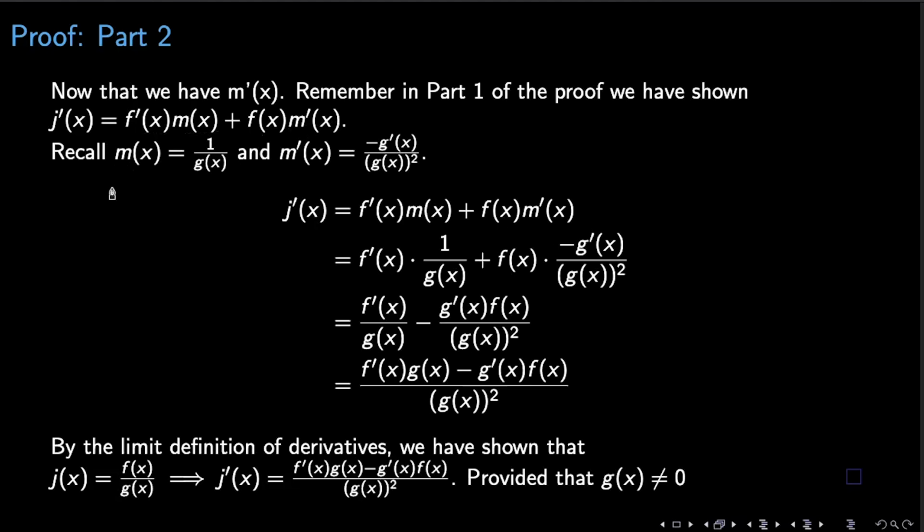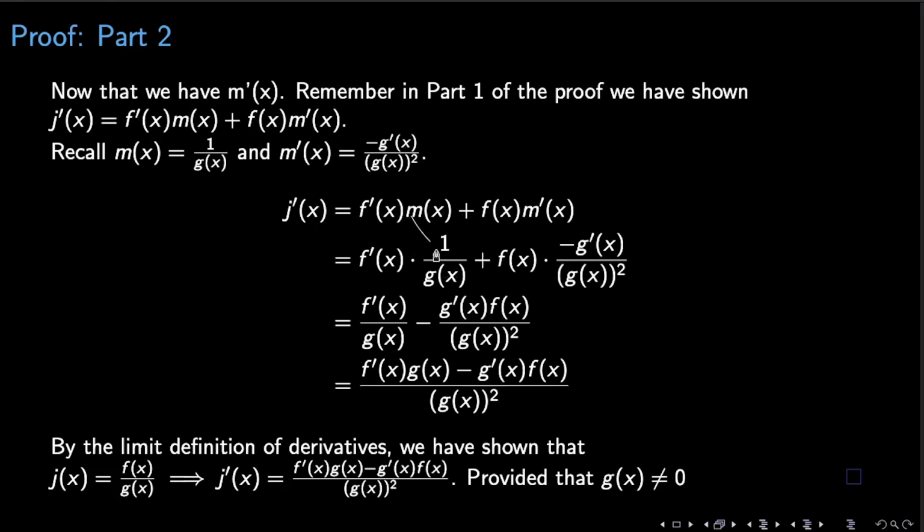And recall that we've let m of x equal 1 over g of x, and on part 1 of the proof, we've shown that m prime of x is equal to negative g prime of x over quantity g of x squared. What this tells us is that if we substitute m of x and m prime of x, we're finally able to get g prime of x with respect to f of x and g of x. So what we can do from here is simple substitution.